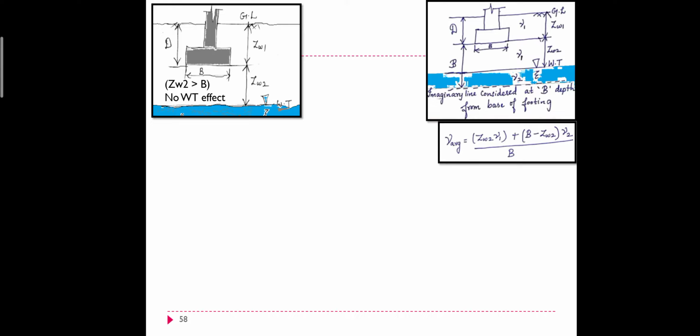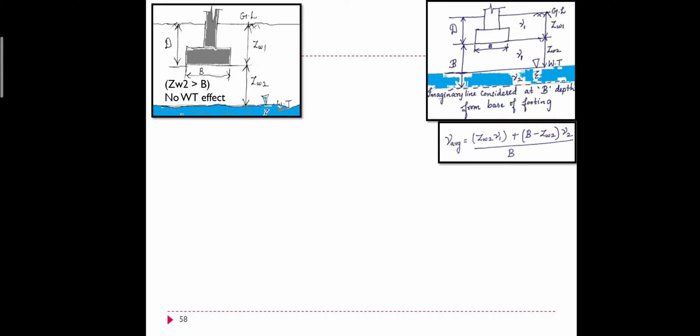So we assume an imaginary depth B. B-னு ஒரு imaginary depth consider பண்ணிக்கணும், that is below the base of the footing. அந்த imaginary depth வரைக்கும்தான் we are going to find the gamma average.